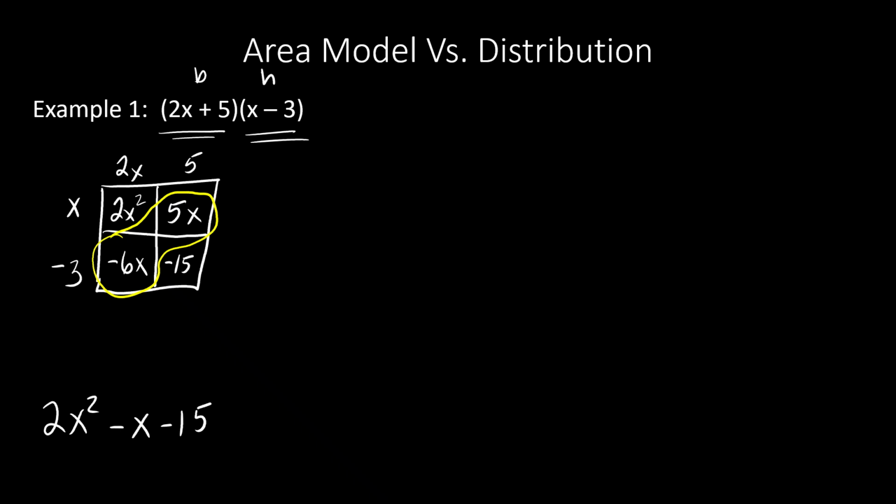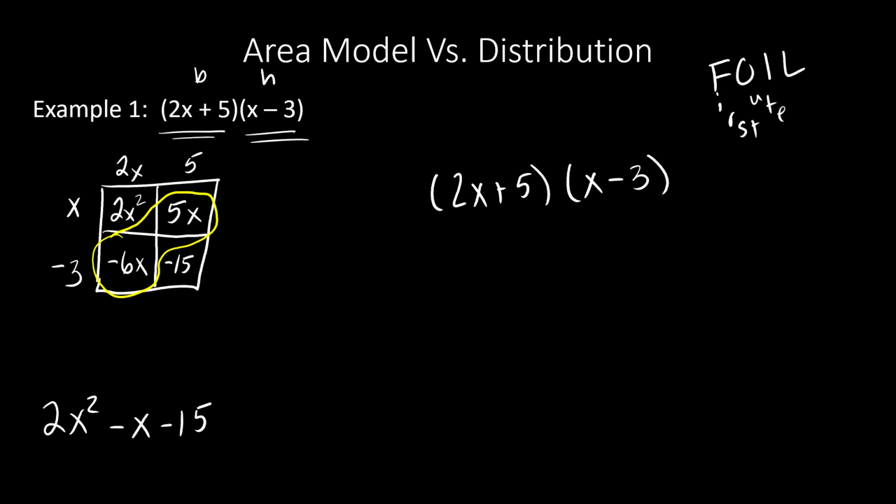To do this with distribution, and usually when it's a binomial times a binomial, instead of using the word distribute, you might have had a teacher use the word FOIL. FOIL is an acronym that simply means first, outer, inner, last. It's a way of remembering what you have to multiply. You would multiply the two first terms: 2x times x gives you 2x squared.